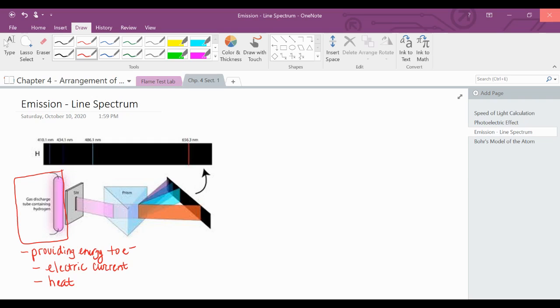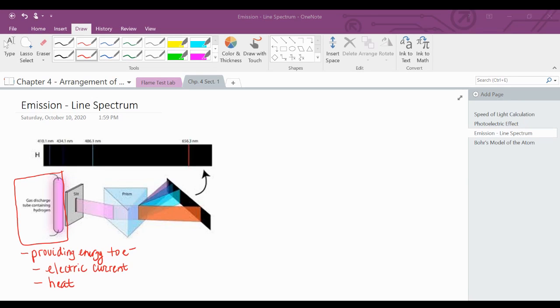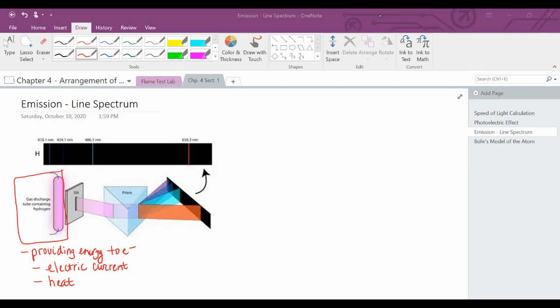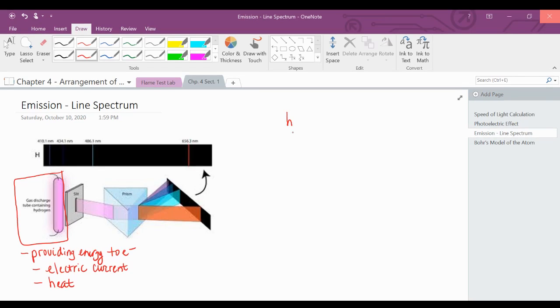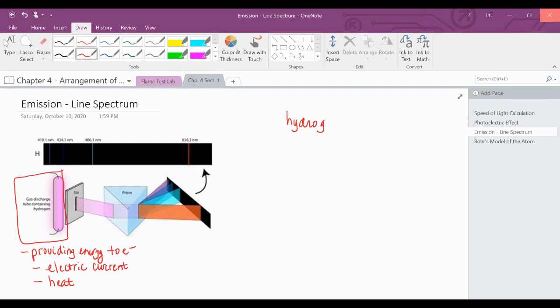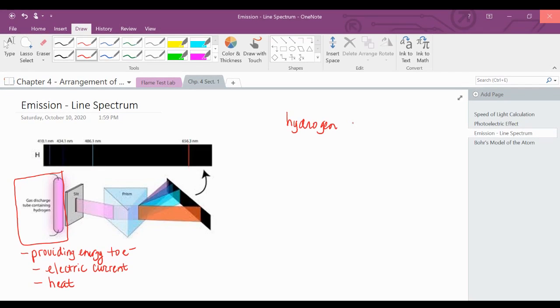Okay, so here's what happens to the atoms of hydrogen that are in this tube. We know that hydrogen has one electron. So if I have one hydrogen atom, it has one electron.